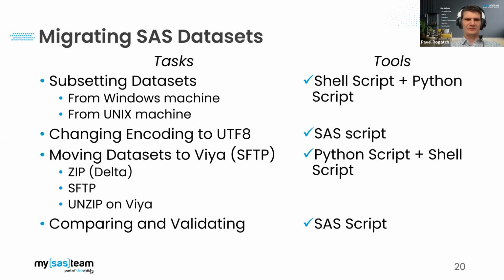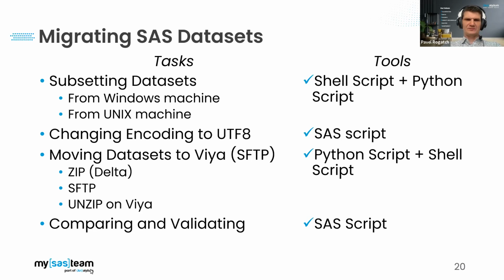So we had to change encoding of all datasets using a SAS script, and then move all the prepared datasets to the Viya platform using SFTP. We zipped them, then sent them using SFTP, and we used a Python script and a shell script for that.